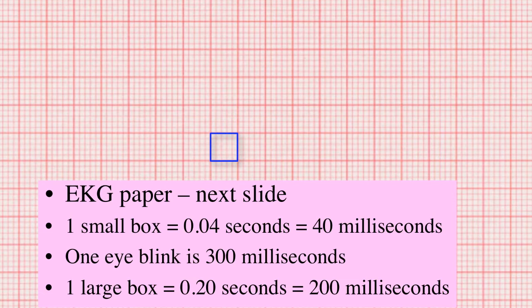So if you multiply 0.04 times 5, you get 0.20, or with easier math, 40 times 5 gives 200 milliseconds. Get used to the EKG paper and how it looks; it's all standardized and conventional and never changes. So you just want to think in terms of those units.